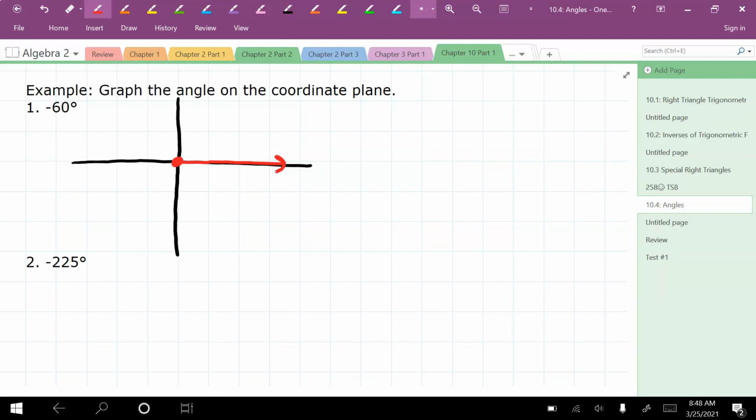So I kind of reverse my thinking that, this is like 0 degrees here. This would be negative 90 degrees if I'm going clockwise. So I'm going to be down there in quadrant 4 because I'm going the opposite direction since it's negative. So I would just draw a line down there wherever you think 60 degrees would be about. And then you could label it. This is negative 60 degrees because I'm going clockwise.